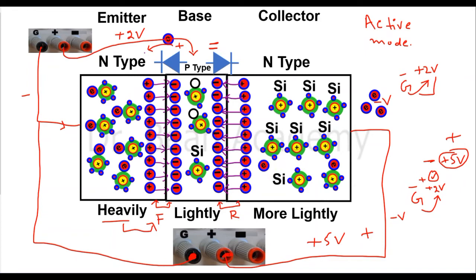Of course, the collector is very lightly doped, so they will go through the material. So only a fraction of electrons will recombine because of the small area, and a large number of electrons, when they enter the base, will just go straight.